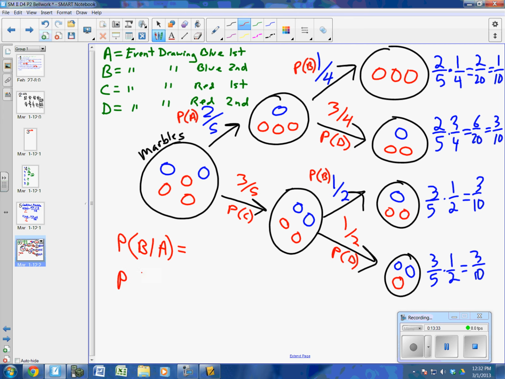So let me ask you guys this question. What's the probability of B given C? Talon, what do you think the probability of B given C is?